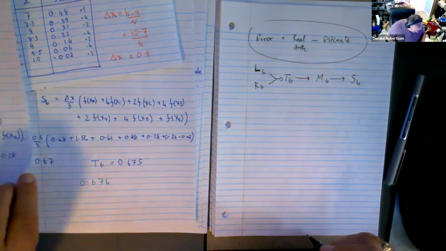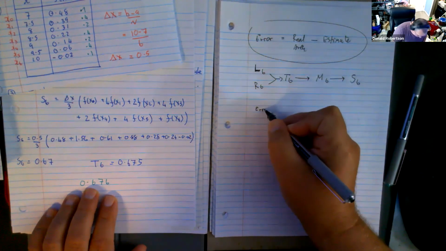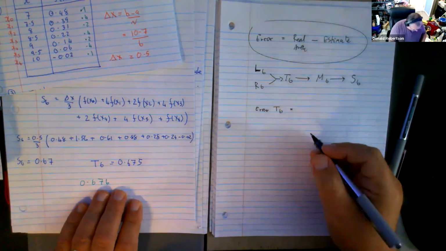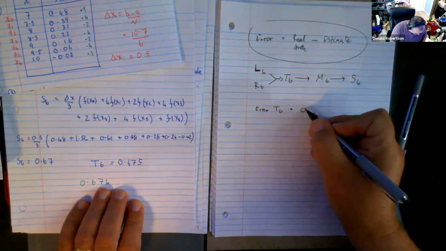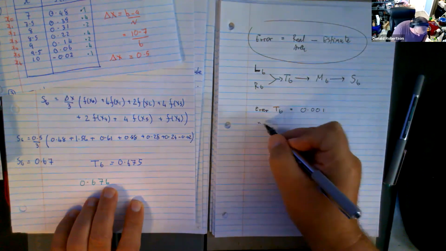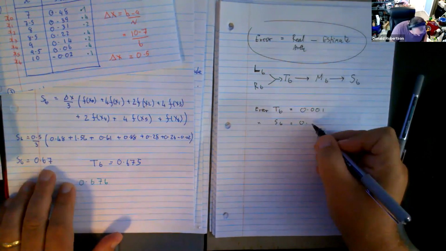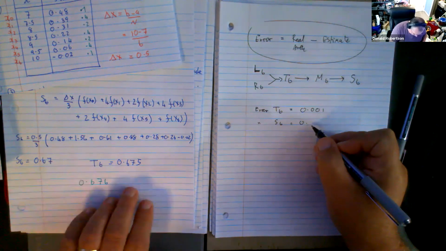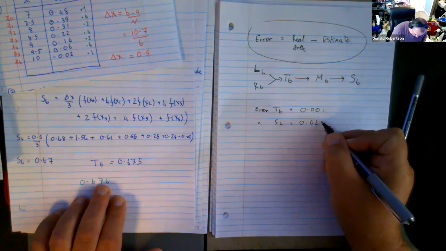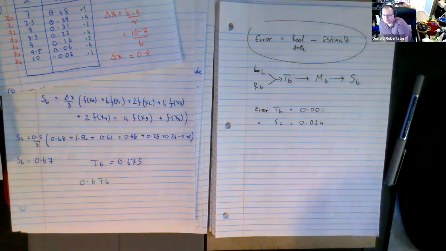Now, in the questions that we've got, just to prove me wrong, but that's life, the error in the trapezoid 6 was 0.001, and the error in Simpson 6 was 0.024, which you might say, well, that's a contradiction in what you just said.